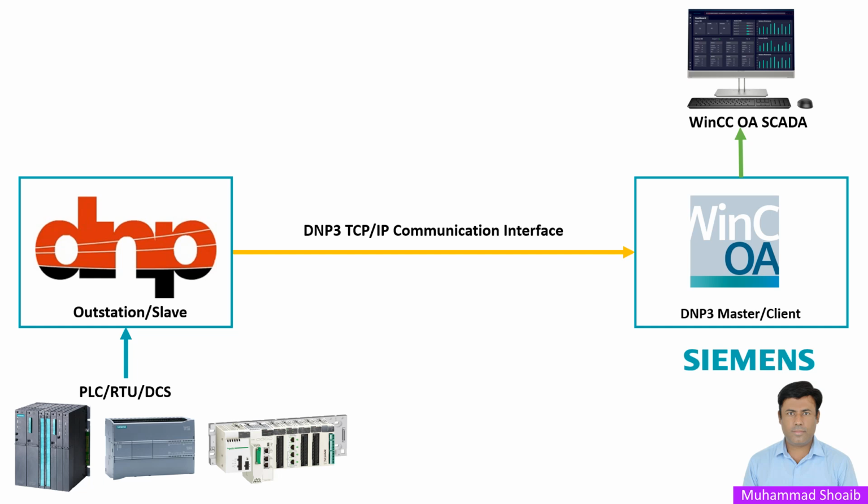So let's understand what is a DNP3 protocol. DNP3 stands for Distributed Network Protocol, and 3 for version 3. It's a communication protocol used primarily in electrical utilities and water systems for reliable communication between control centers, RTUs, PLCs, and DCS.